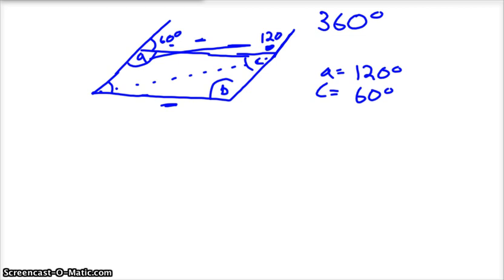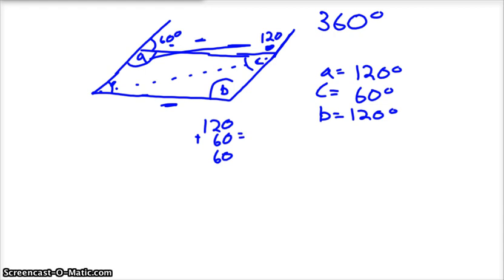Just to make sure, we're going to make sure that B does equal 120 degrees. So we're going to add up the angles that we do know. We know that A equals 120. We know that C is 60. And if we were to continue on our complementary angle down here, we know that that angle would be 60 degrees.